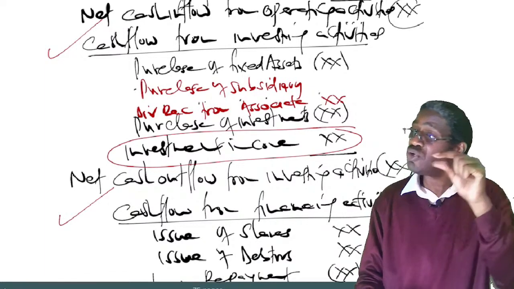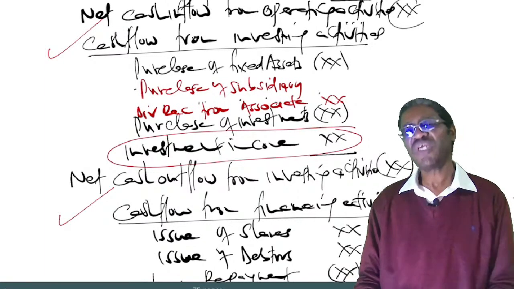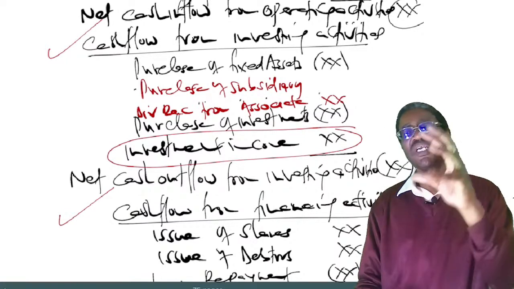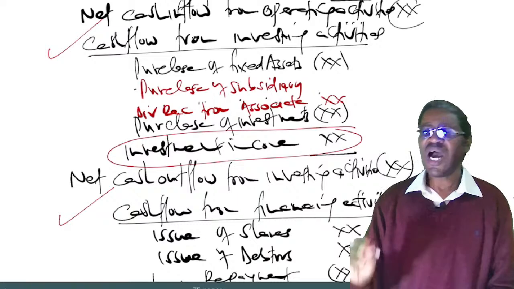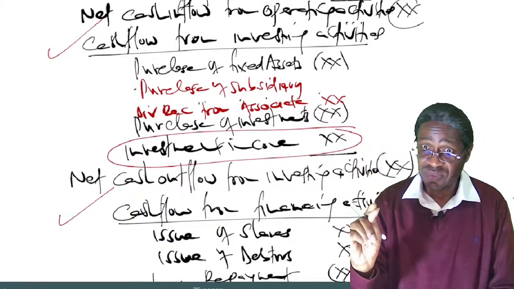I am not saying it's a non-cash item. No, it's true. We received 200 million from our investment. But investing activities are those transactions that affect fixed assets.